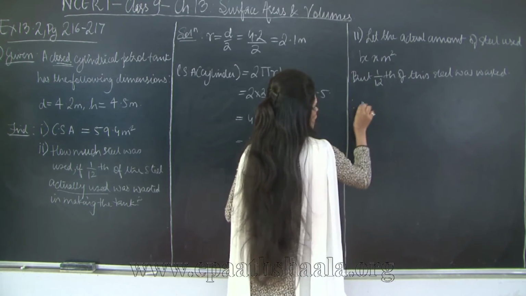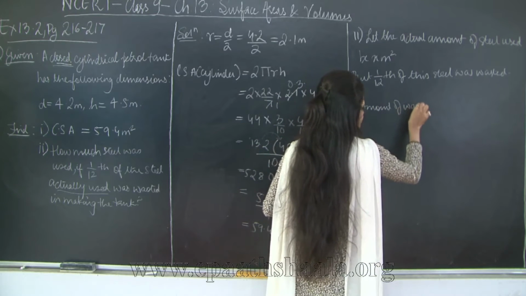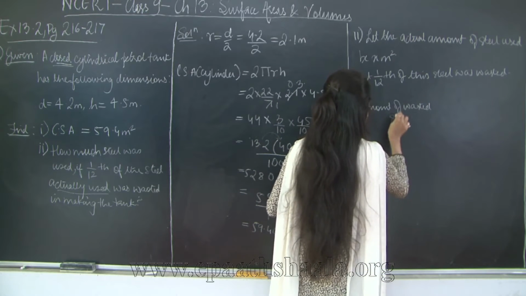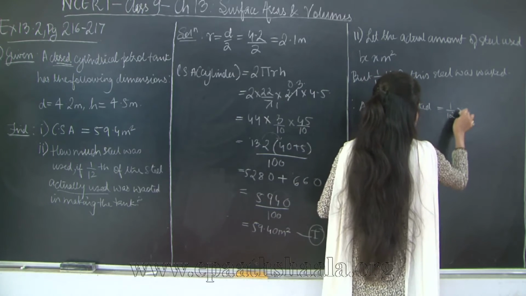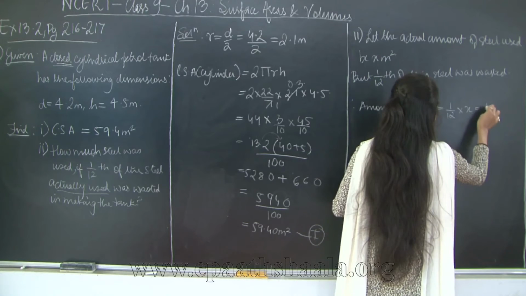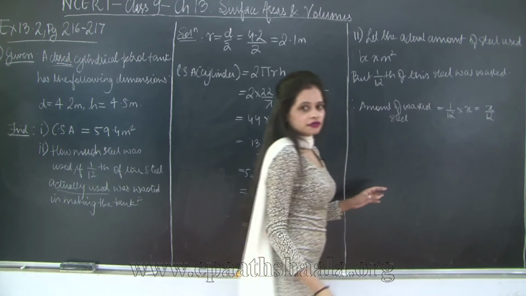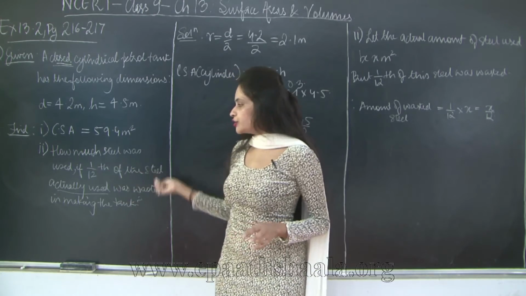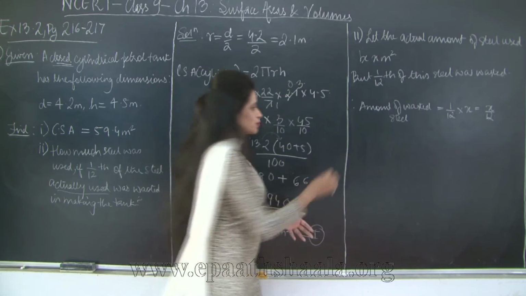Therefore, the amount of wasted steel is equal to 1 upon 12 into x, which is x upon 12, right? So now how much steel was used? This is the actual amount, but the one that was used.